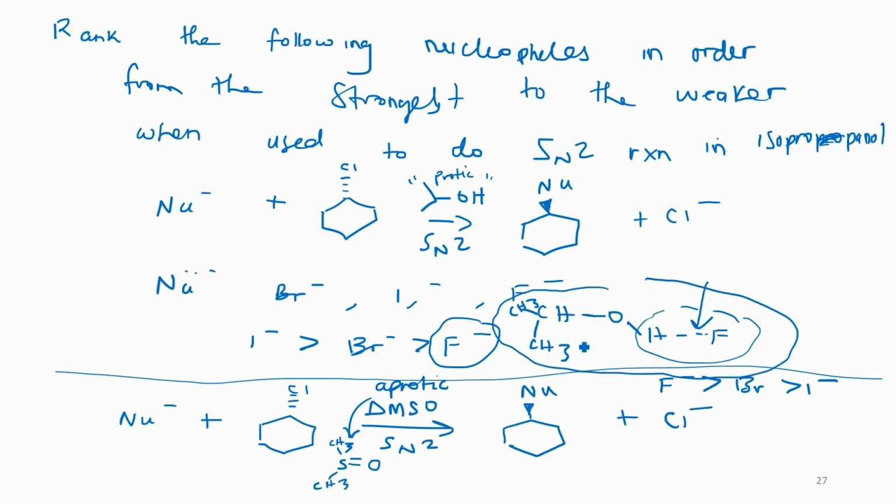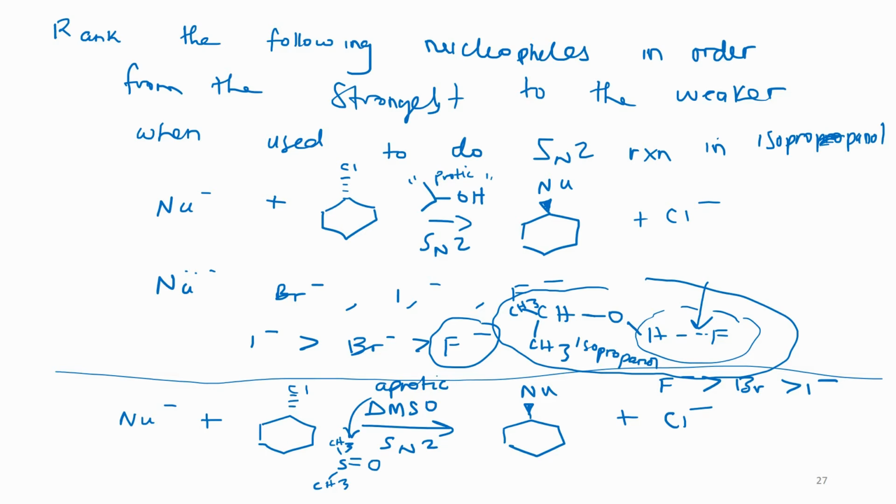Still, isopropanol is protic, so the hydrogen gets trapped. The F minus gets trapped by the solvent molecule. It's not going to be used to do the reaction, so it's the least reactive. If you have a question, ask before I do the next concept. No question.